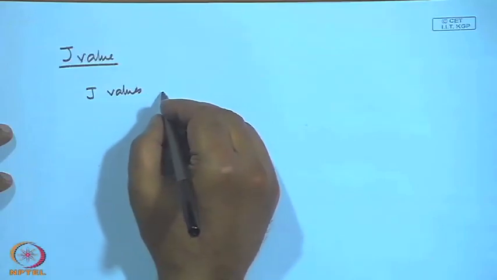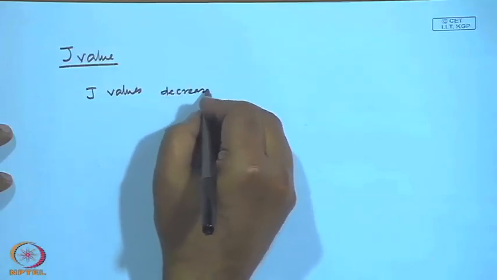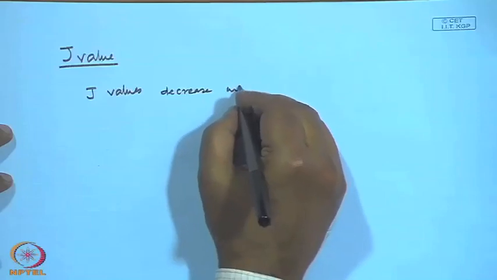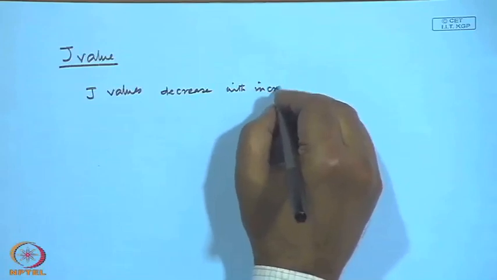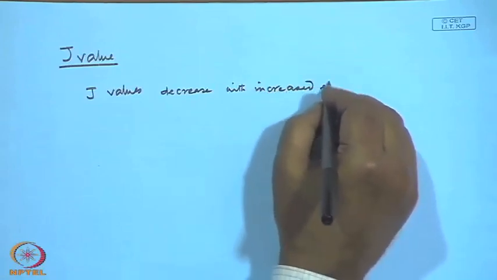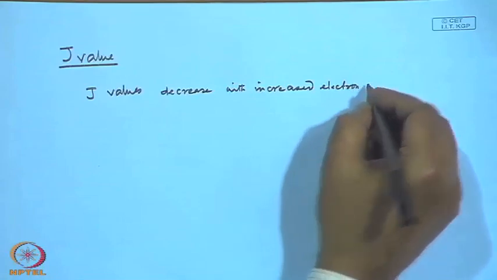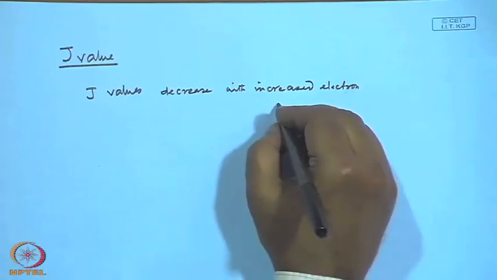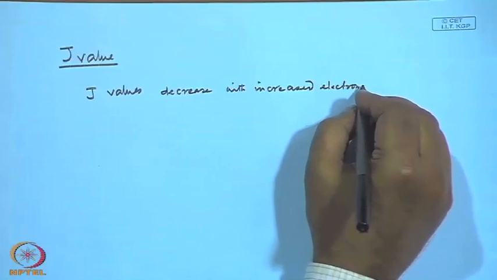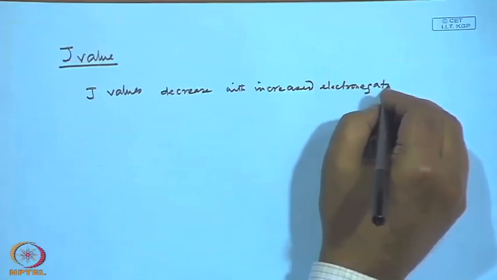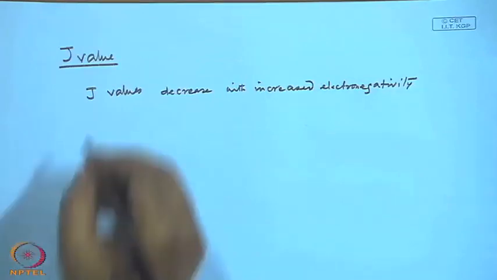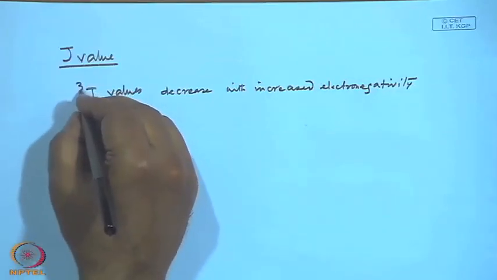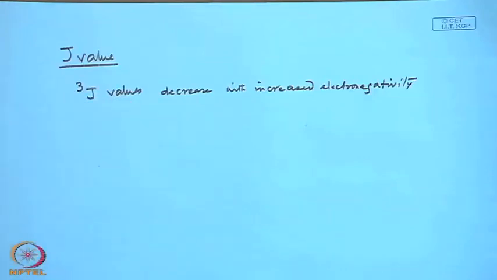J values decrease with increased electron density, with increased electronegativity. And when I say J value, that means 3J values decrease with increased electron density.